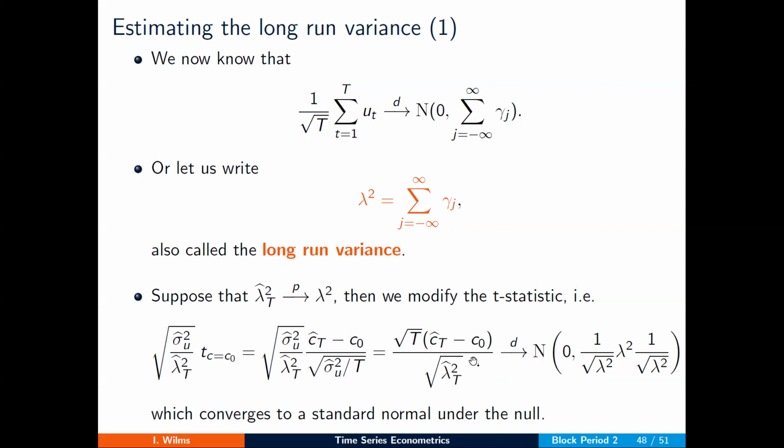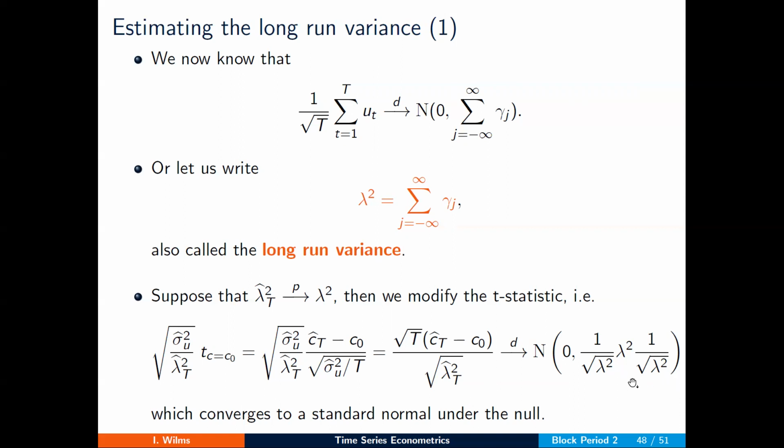I know that the numerator goes to a normal distribution with variance lambda squared, as written at the top of the slide. And then this denominator goes, of course, to lambda squared. So the continuous mapping theorem tells us that the asymptotic variance of this guy is given by the asymptotic variance of the numerator pre and post multiplied by the probability limit of our denominator.